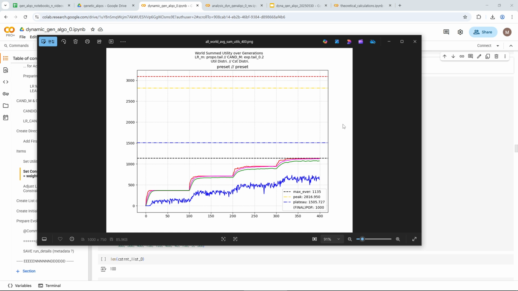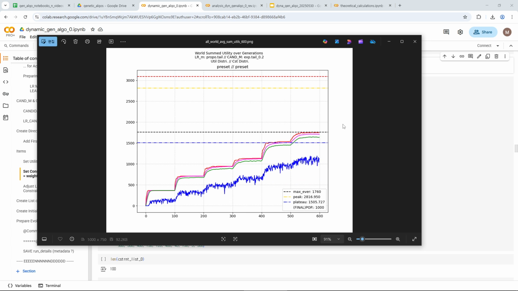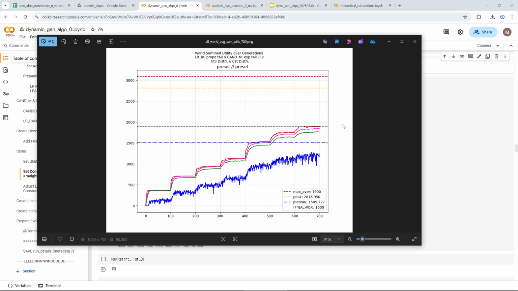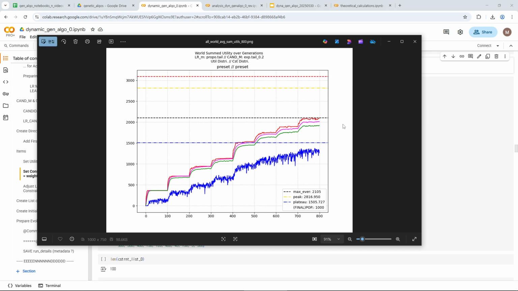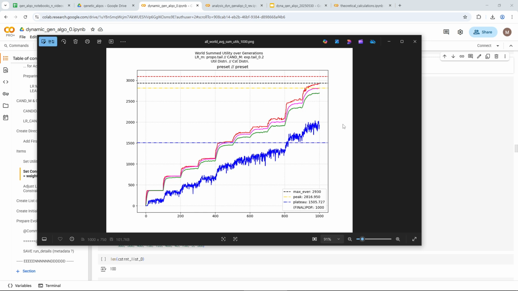Even for the fourth era, 1135, and the fifth era, 1540, that is very likely to be the true ceiling. And the sixth era, it's 1760, we don't know if that's the true ceiling. And the seventh era, it's 1900, we don't know. And after 1000 generations have passed, the maximum ever is 2930.